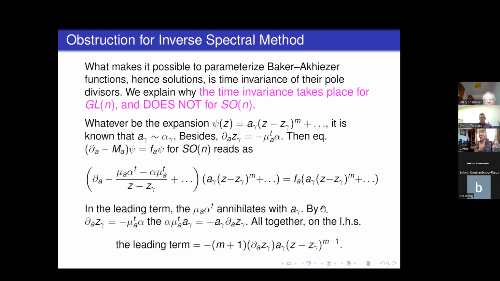But it implies that FA should have a pole at the point z gamma, because this order is m, but we must obtain something of order m-1. Hence, FA has a pole.